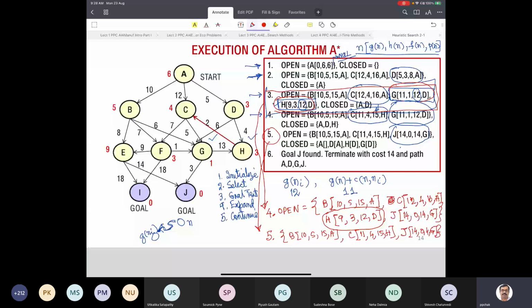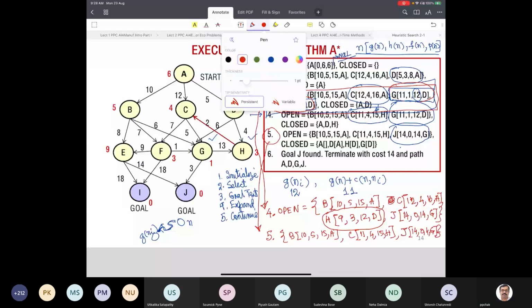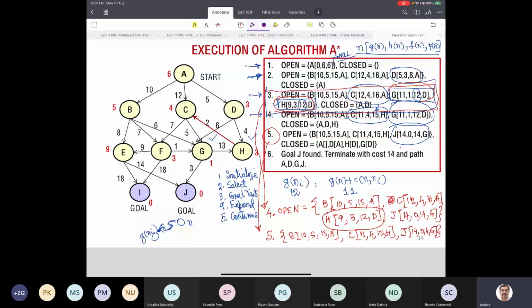We assume the heuristic estimates are lower bounds, monotonic, and also we assume that Hn is greater than 0. We assume Cnm is greater than 0. All these assumptions are there.